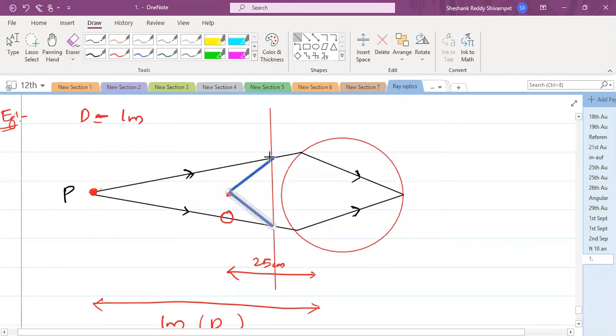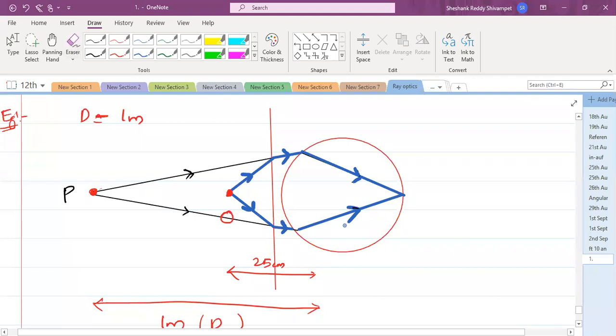Suppose two rays like this. Now if these rays become this way, will it be visible? Will O be visible? Look at the ray. Right, you have become visible.